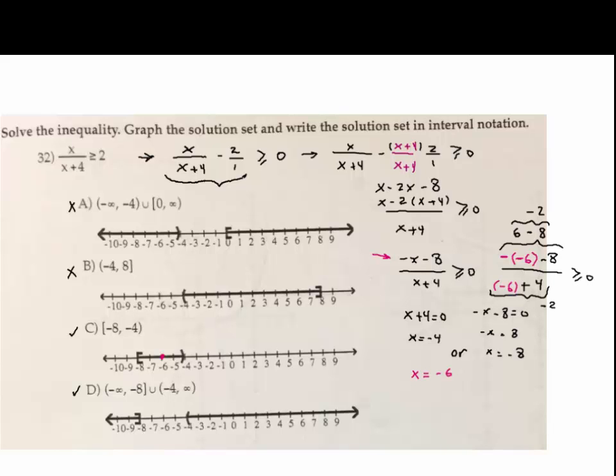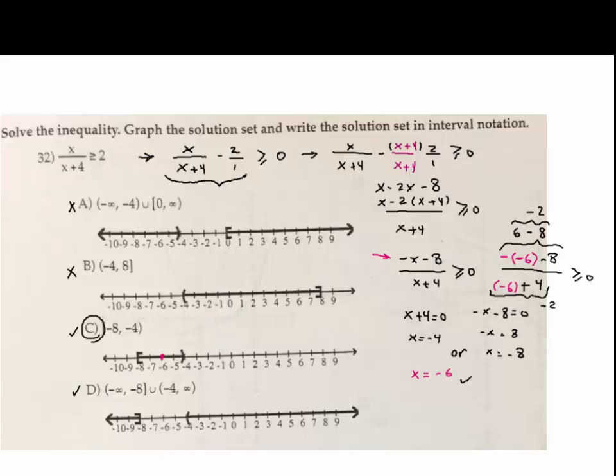Is that good? Yes, that's exactly what we want. We want it to be greater than 0. So minus 6 is a good answer. That's one of the solutions. Since that checks out, the solution must be between these roots, so C must be the solution.